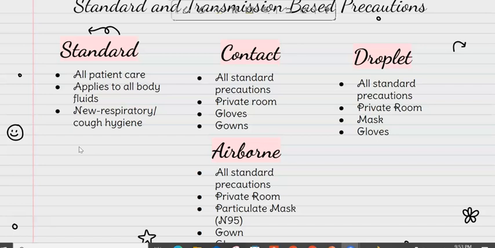Droplet precautions include all the things from standard precautions. Private room, you'll require to wear a mask and gloves. And then there's airborne precautions, which also includes all the standard precautions. You're required a private negative pressure room. You're also required to have a particulate mask, such as an N95, gown, gloves.